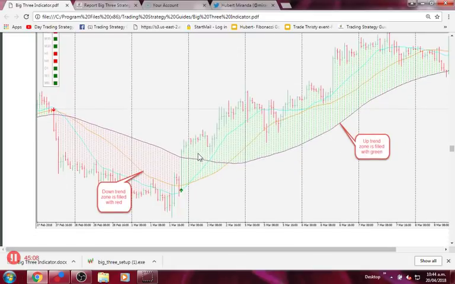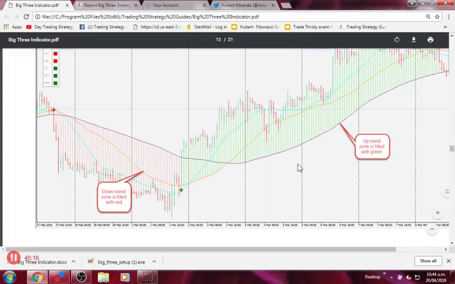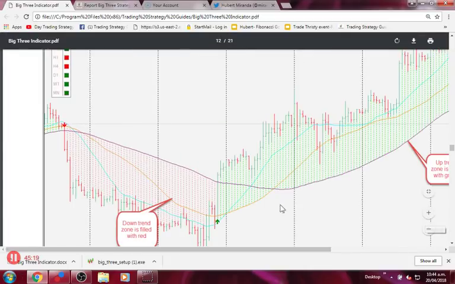This is another form. Instead of having whole colored areas, you just get these dots that are coloring the area. And so you see what we were talking about, for example, that officially for the strategy, the trend is, so to speak, up because the price is closed above these moving averages.